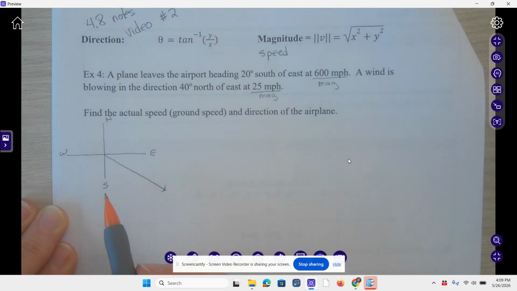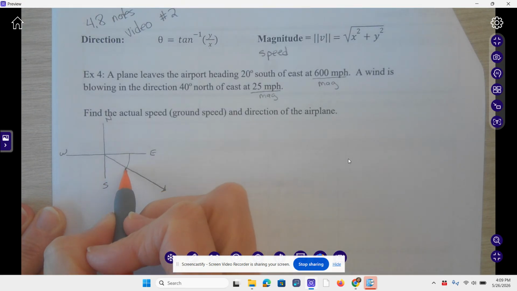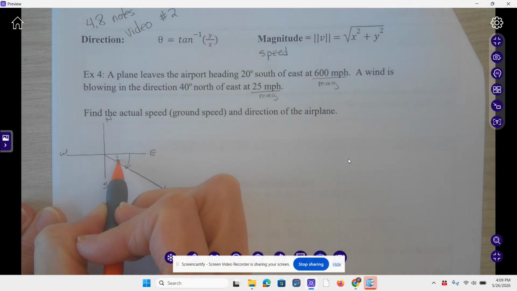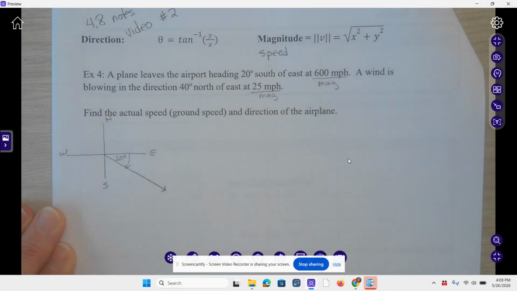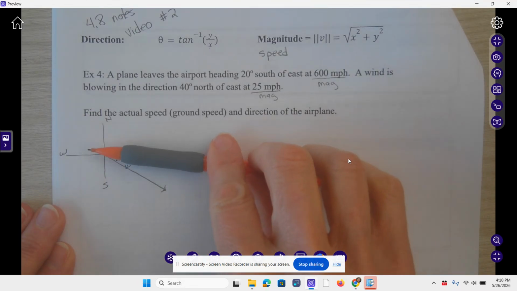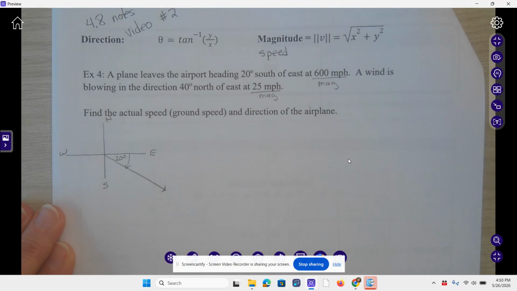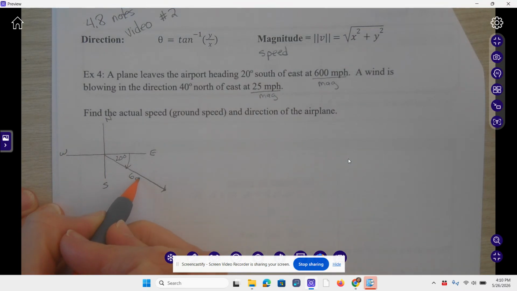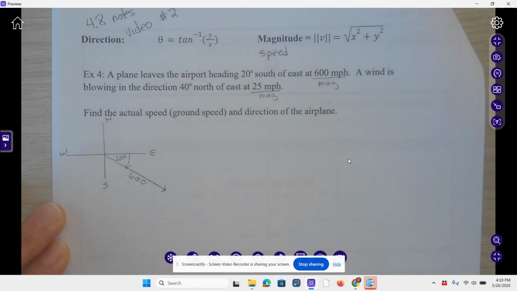Okay, so this angle here is 20 degrees. So I'm writing 20 degrees now, but when we put it in our equations, we're going to use negative 20 because we measure angles that go down here as negative angles. And the length of this vector, which magnitude is the length, is 600. Okay, so this is the direction the plane is setting out in.